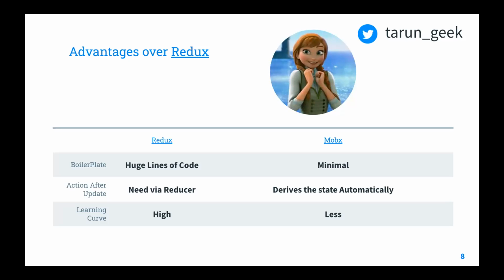In Redux, you need a dispatcher, or I would say a reducer, to bind your state. Whereas in MobX, if you created your store and attached that store to every component, your internal components don't need to be notified that the state has changed. It derives your application state automatically into your component.